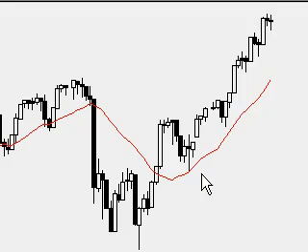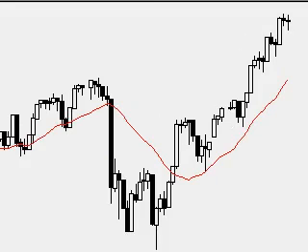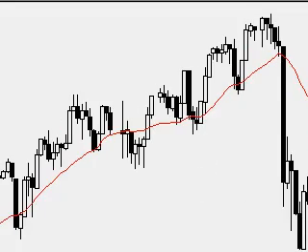Number two is they do provide dynamic support and resistance. Dynamic meaning because, of course, the line continues to move all over the chart. And the price does tend to come back to these moving averages, and that's because of a reversion to the mean dynamic. So here it comes back for support, here's support, here's support, support here.